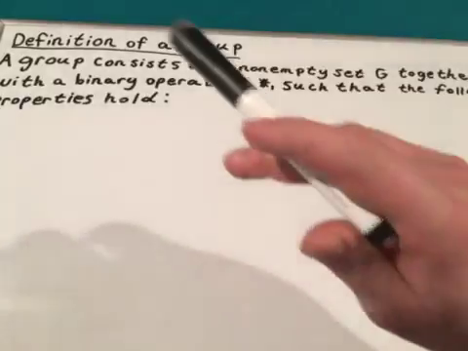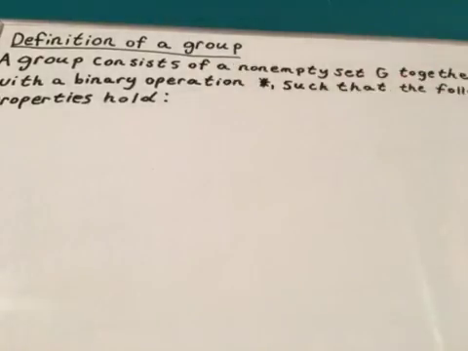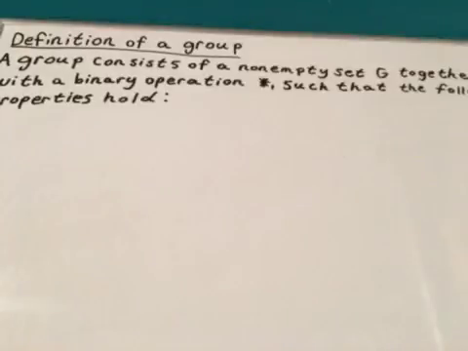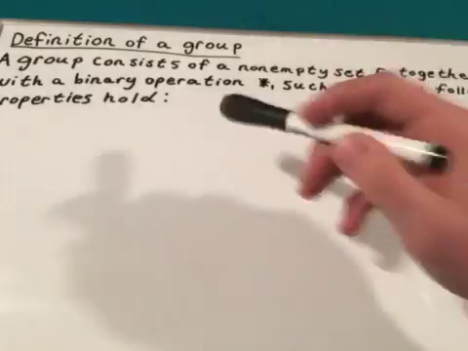It consists of a non-empty set of elements. These elements could be numbers, but not necessarily. A set is just a collection of objects, and it's non-empty, so there's something in there. It could be finite, it could be infinite, but it's some set together with a binary operation.